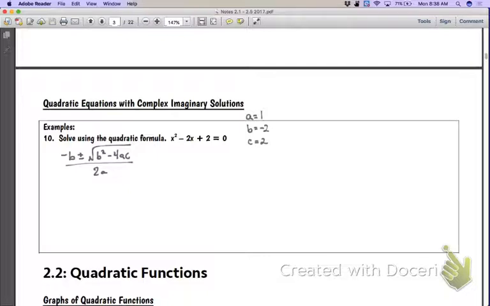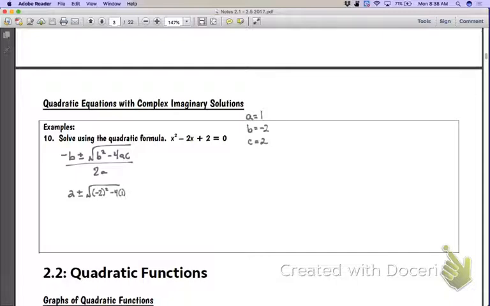Plug and chug. So the opposite of B is going to be a positive 2, plus or minus. Make sure that, like with the B squared, if it's negative, put it in a parenthesis, because it's going to make that value positive all the time.